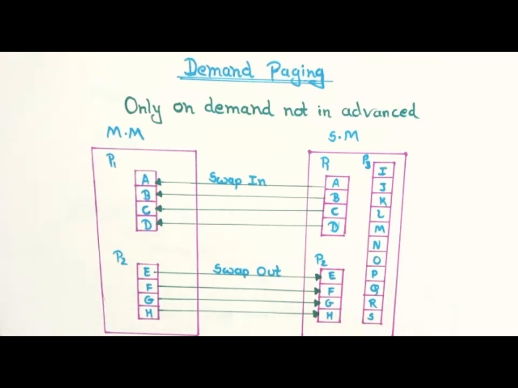If you want to execute a process, then swap in, and when the execution is over, just swap out. Don't bring the pages in advance. So the process resides in the secondary memory and pages are loaded only on demand, not in advance. That is the concept of demand paging.